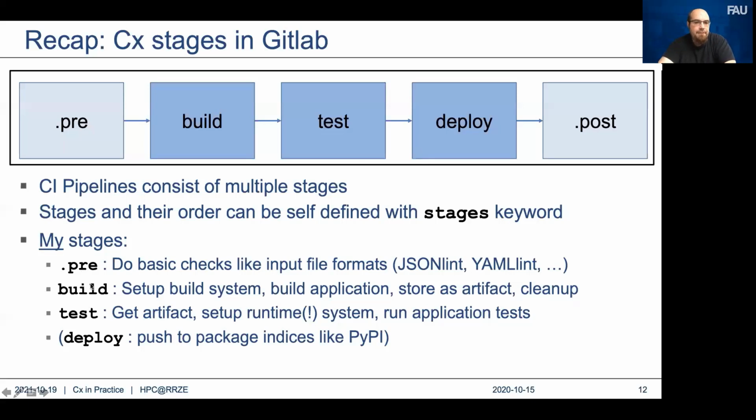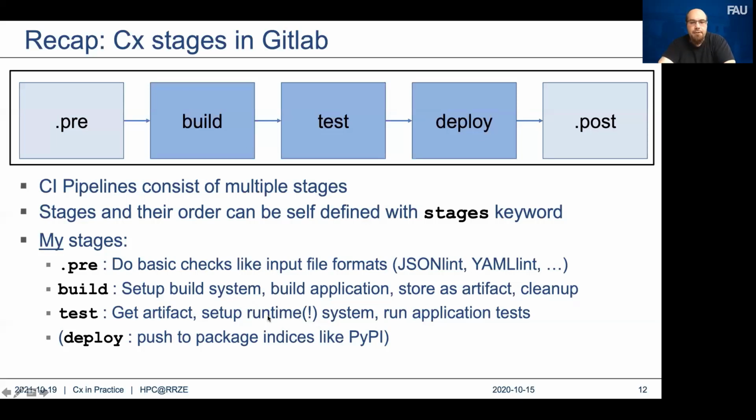Then I use the build phase to set up the build system, build the whole thing, and store it as an artifact. I will come to that. That's why I have this slide here, the artifacts. And then in the test phase, I'm fetching the artifact again that I created in the build stage, and set up the runtime system.